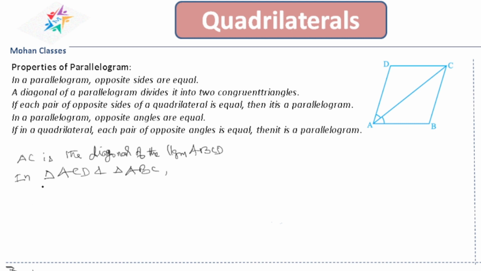AB is equal to CD. Opposite sides of a parallelogram are equal. And then AD is equal to BC. Same, opposite sides of a parallelogram. And then AC is common.